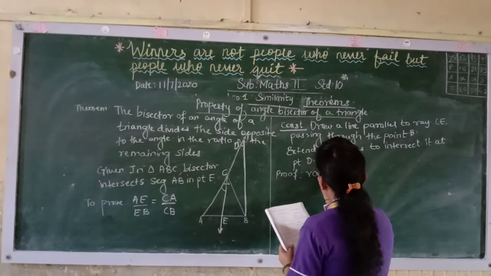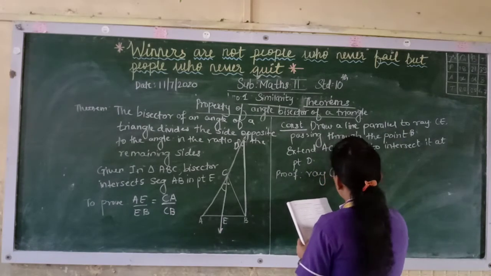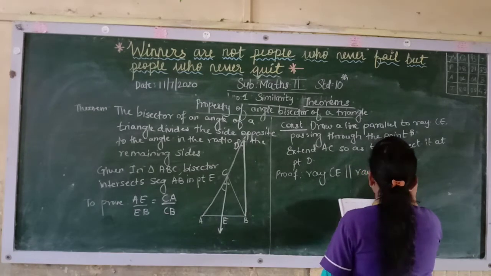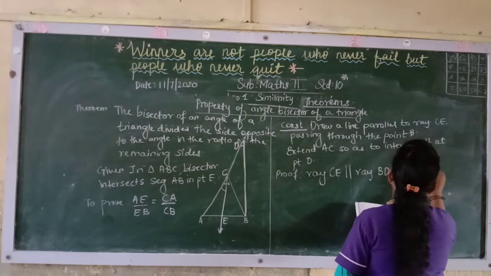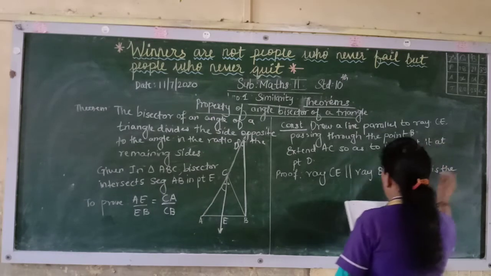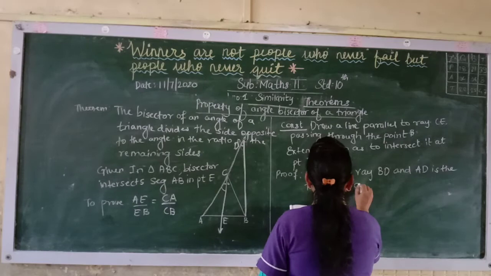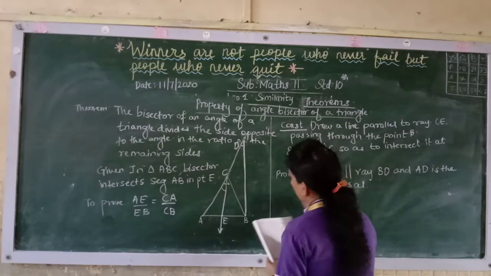So here you will get ray CE is parallel to ray BD, as you can see in the structure, and AD is the transversal. So when you get this as the transversal, you will get corresponding angles. Which are those?